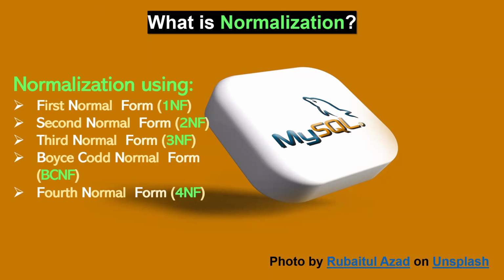You basically use one of these forms: first normal form, second normal form, third normal form, Boyce-Codd normal form, or fourth normal form. Once a database is in the fourth normal form, it's already in Boyce-Codd normal form. If it's in Boyce-Codd normal form, it must be in third, second, and first normal form. So it goes downward: if it is in second normal form, it must be in first normal form to start with.